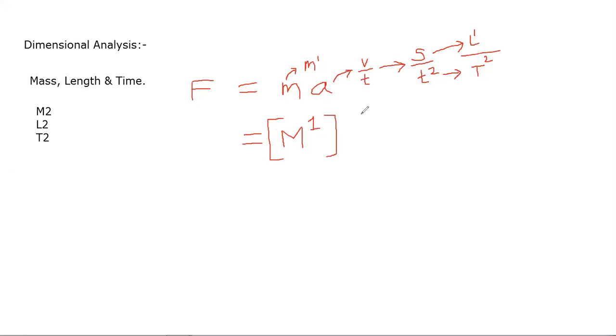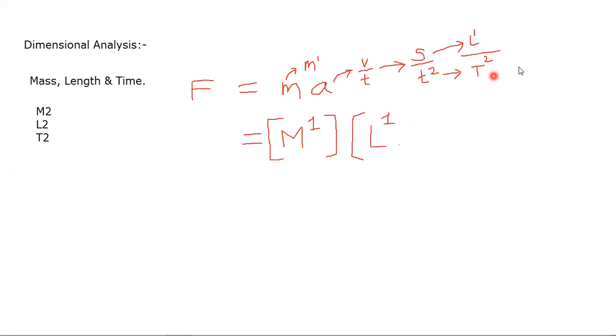And the dimension for this acceleration we can write as L1 multiplied by T raised to power minus 2, because here L1 divided by T square is there.